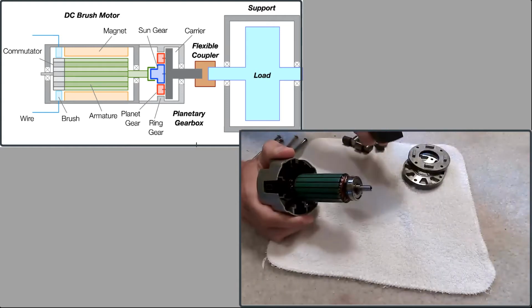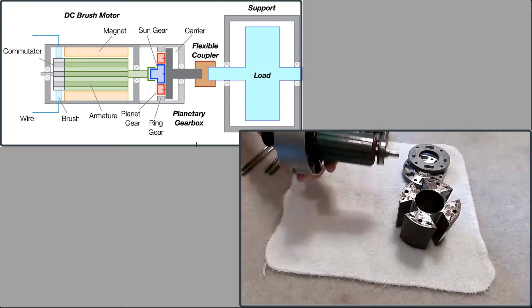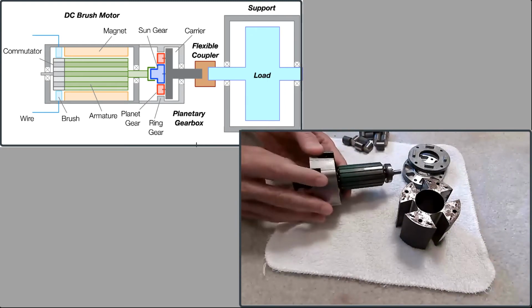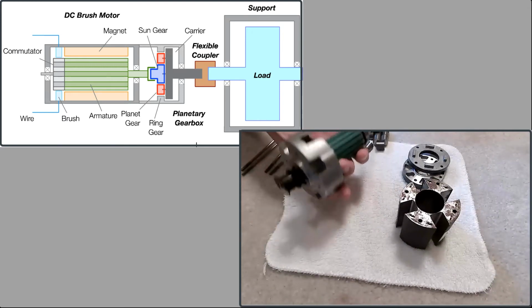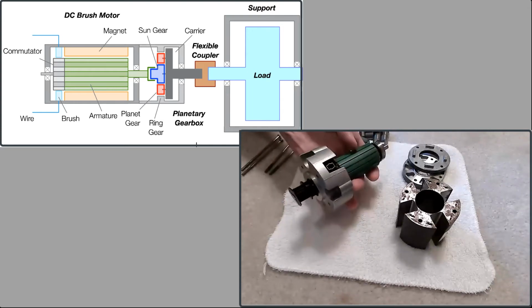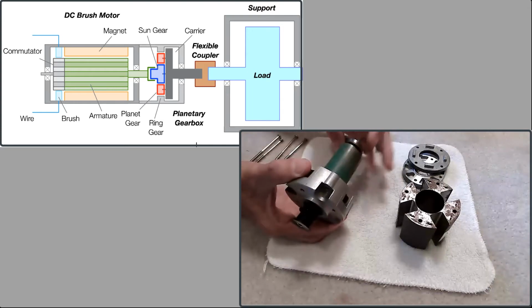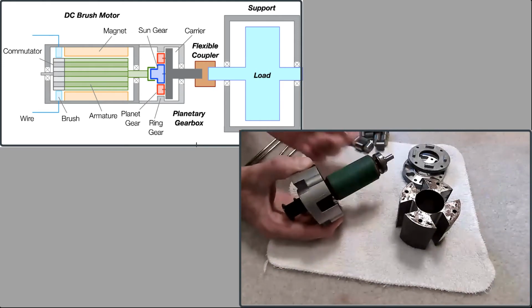Now let's take the body off, and here we have the armature. Now I have a little bit of the housing still attached, but it's aluminum, pretty lightweight, but the armature is significant. It's probably about a half a kilogram. And the diameter of this armature is about 3 centimeters or so.